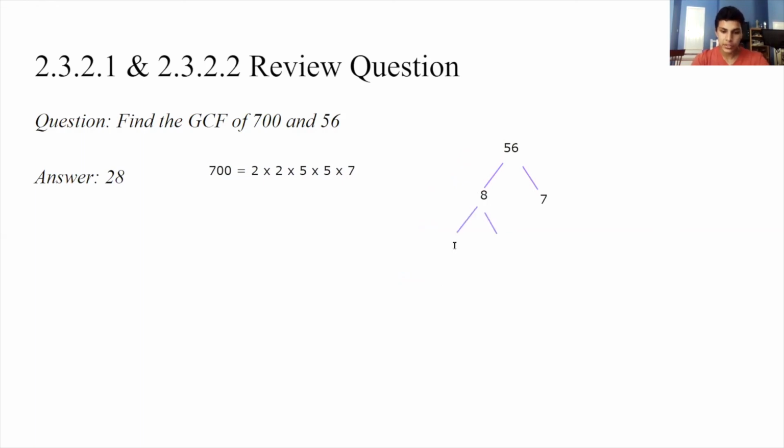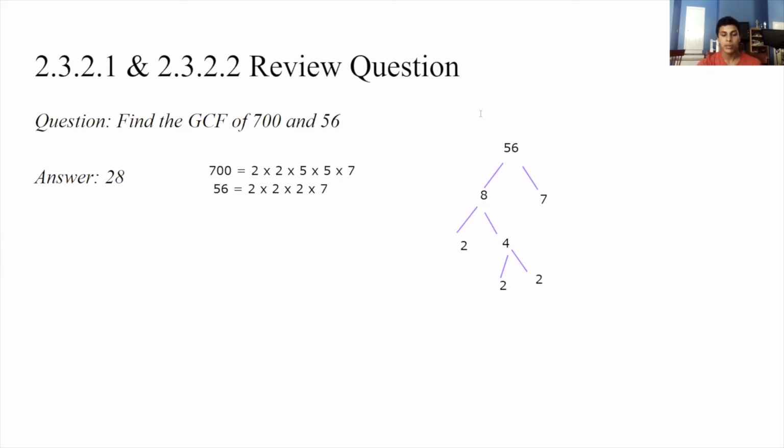So 8 breaks down to 2 and 4. Can't break down that 2 because it's a prime number. And then 4 breaks down into just 2 and 2. So 2 here and 2 here. So my prime factorization of 56 would be, since I have 3 2's, 2 times 2 times 2 times 7, because I also have a 7.